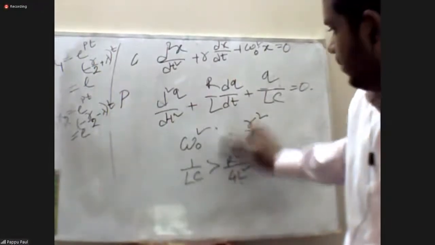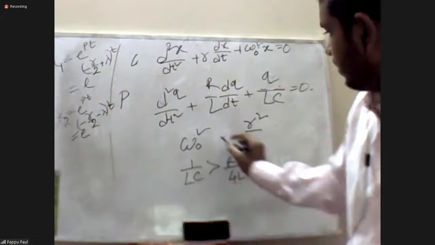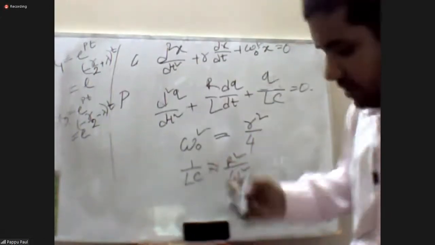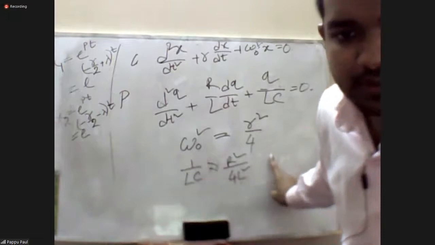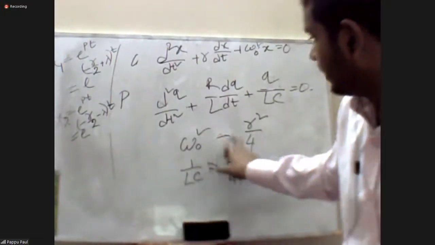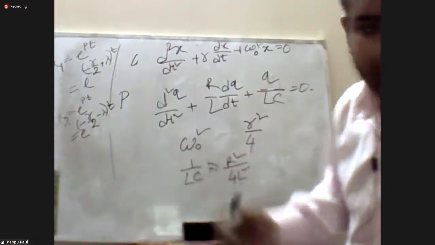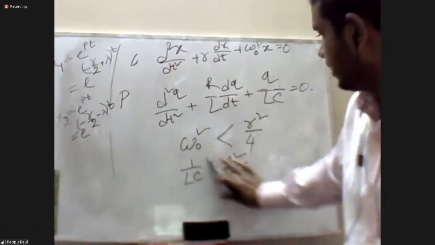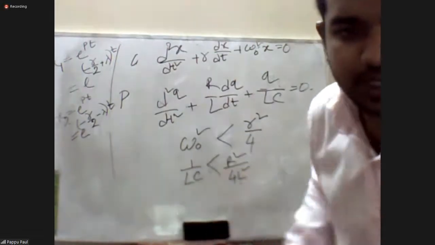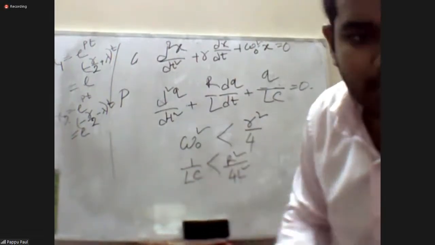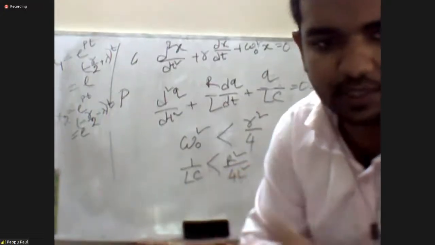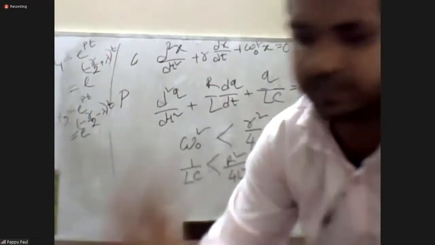If we write this as equal, then this is the critical condition. And if we write this equation the other way, then it is the overdamping condition. These are the three solutions as we already discussed in my previous class and today's class.